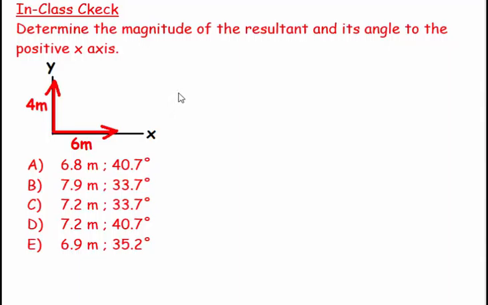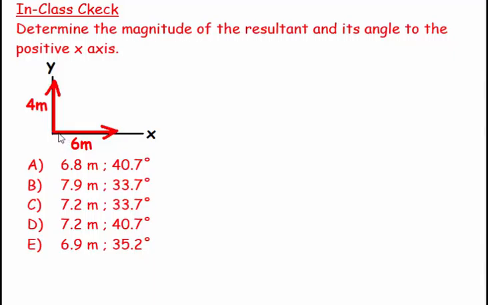Welcome. So this is, if you like, the ending of the system by which we use components. Typically, we will have a vector at some angle, and we will then find its x component and its y component.